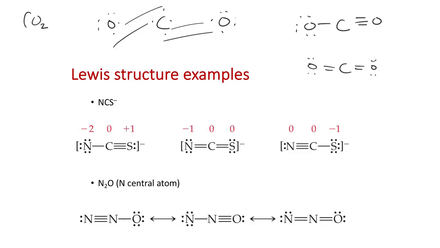If you notice this particular Lewis structure with a triple bond and a single bond has the same total number of electrons. If we count the electrons for CO2, it should have 4 plus 2 times 6, so 16 total electrons. And with the triple bond here, we would still have 2, 4, 6, 8, 10, 12, 14, 16 electrons.